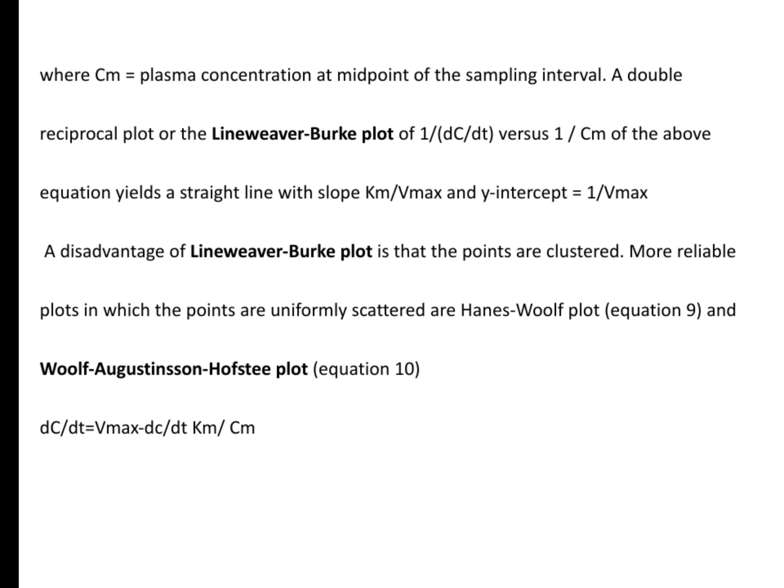A double reciprocal plot or the Lineweaver-Burk plot of 1 divided by dC by dt versus 1 divided by Cm of the above equation yields a straight line with slope equal to Km divided by Vmax and y-intercept equal to 1 divided by Vmax. A disadvantage of the above plot is that the points are clustered. A more reliable plot is one in which the points are uniformly scattered. The equations are shown as follows.